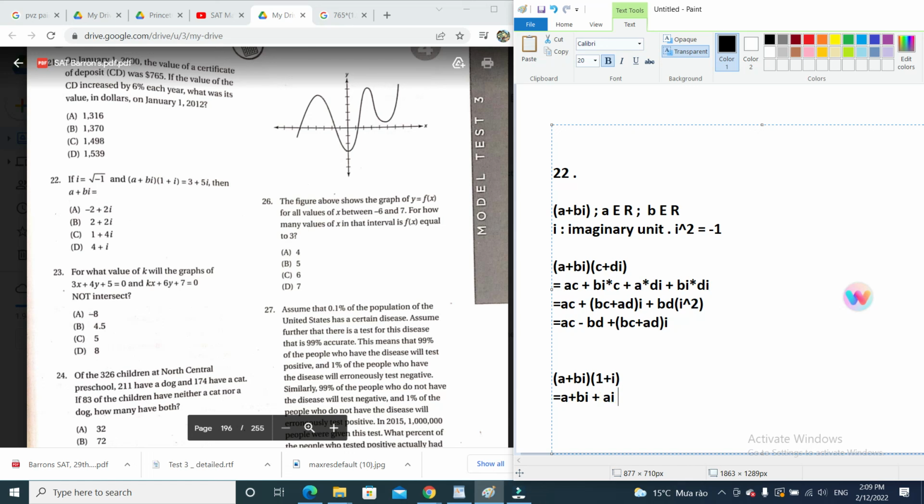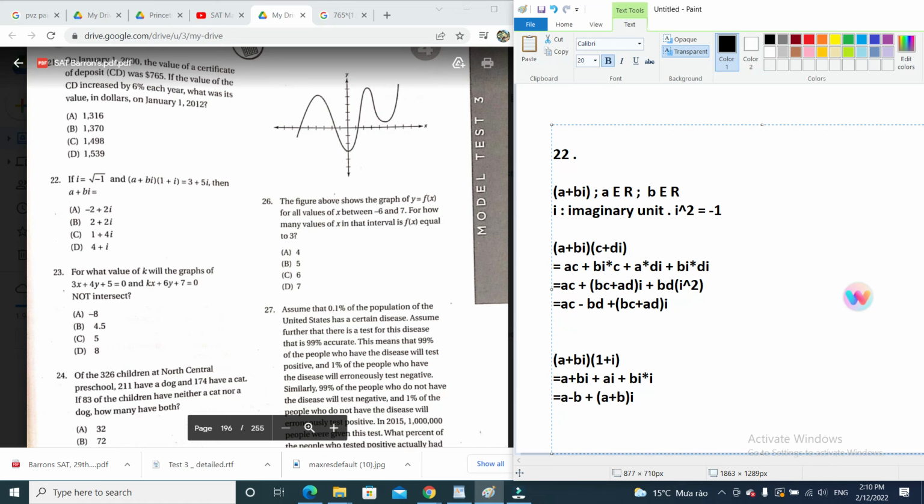A times i is ai plus bi times i. Okay, that's gonna be minus b, right? So this term gonna be minus b, so it's gonna be a minus b plus a plus b, all multiplied with i, right? Alright.